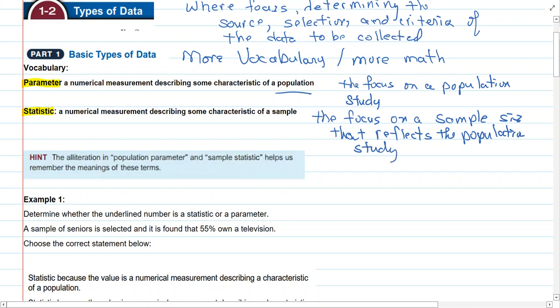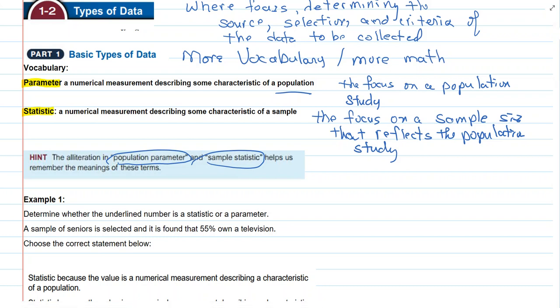Again, we're looking at the numeric measurements that we're going to be using in order to determine an analysis and a conclusion. The alliteration of population parameter and statistic sample statistic helps us remember the meaning of these terms. Parameter relates to population, statistic relates to sample.